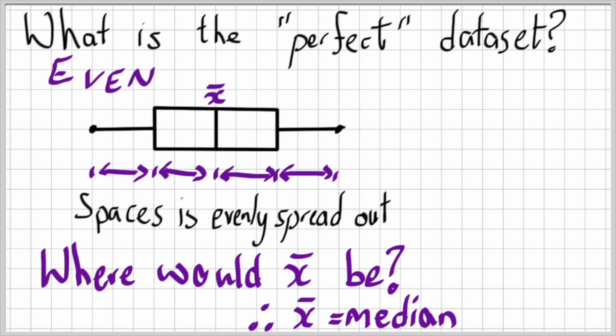And that means my mean is going to be exactly equal to my median. What does this mean now for other types of data sets? Is we are going to compare the mean and the median as kind of a valuable tool for us to say whether data is skewed left or right.